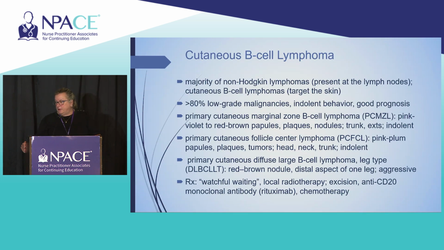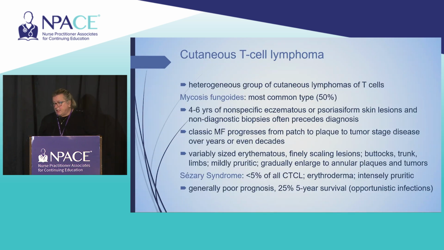There are some obscure exceptions to that, notably the diffuse large B-cell lymphoma leg type. Again, in Derm we like names, right? So who came up with that one? That's bad. But these patients only get one tumor at the distal aspect of one leg. That, however, is an aggressive form of cutaneous B-cell lymphomas, but the vast majority are not worrisome and can simply be watched or treated locally.